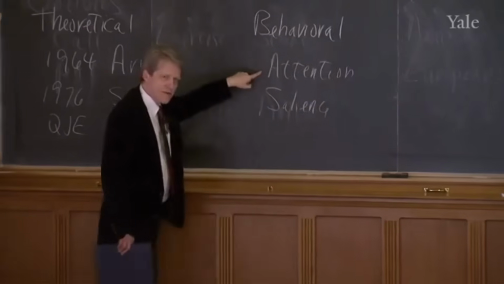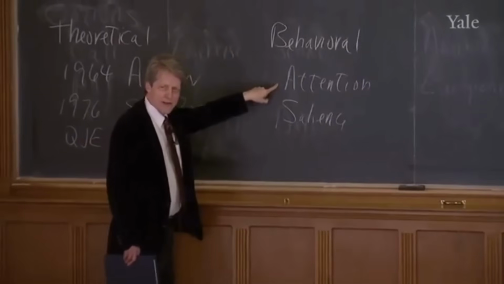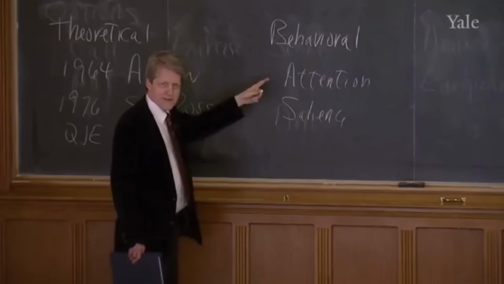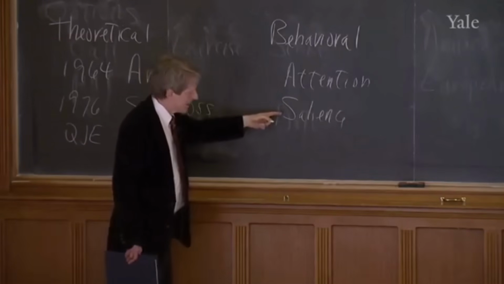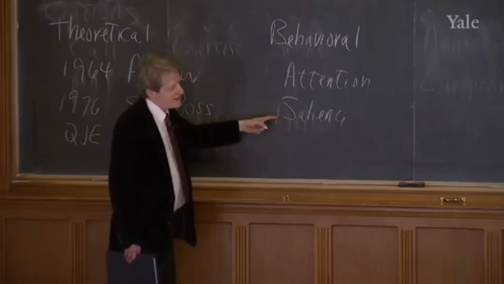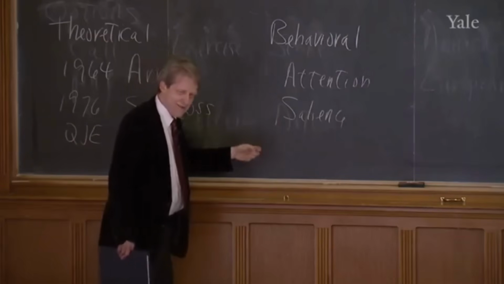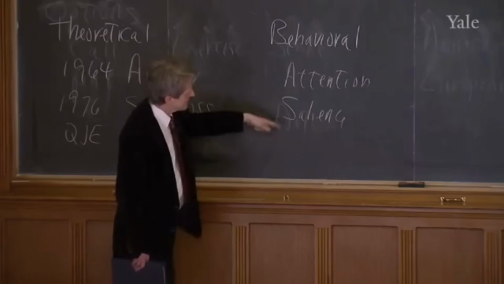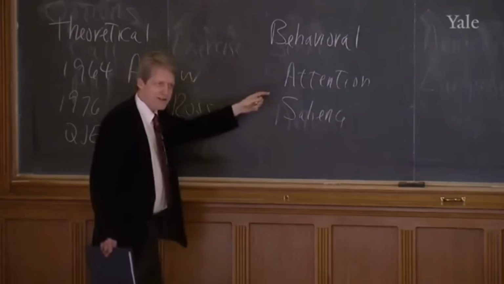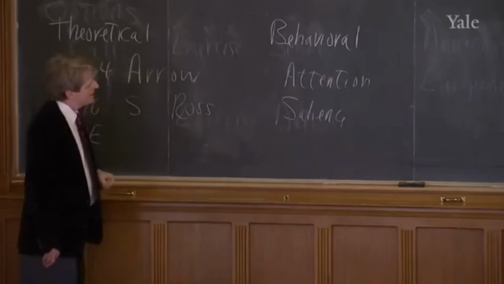Psychologists talk about this, that people make mistakes very commonly in what they pay attention to, what strikes their fancy or their imagination. Salience is something psychologists also talk about: salient events are events that tend to attract attention, tend to be remembered.